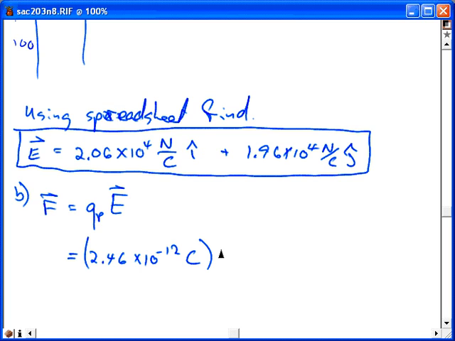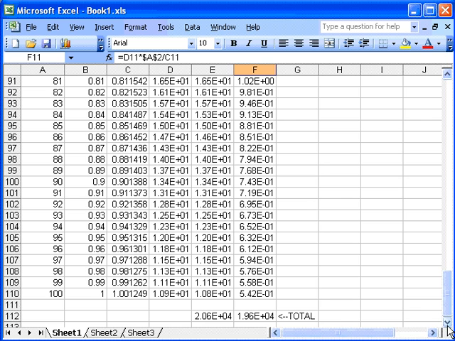And then times this expression, 2.06 times 10 to the 4th newtons per coulomb times I, plus 1.96 times 10 to the 4th newtons per coulomb times J. And 2.46 times 10 to the minus 12. I've got this out, so I might as well use it.